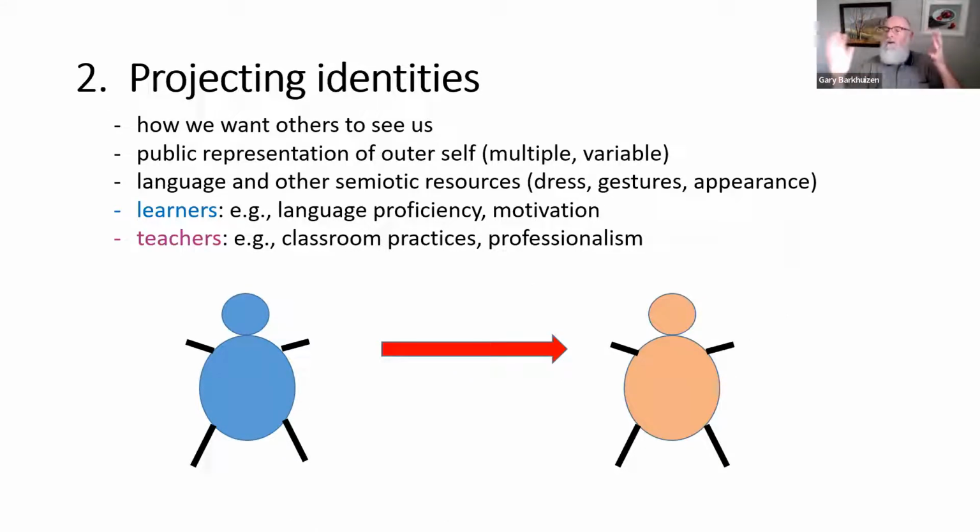Okay, so reflexive identities. But of course, identity is not only thinking about ourselves, but also we project our identities. So the second part of the book has 12 activities where the learners and the teachers work together on activities focused on projecting identity, how we want others to see us.